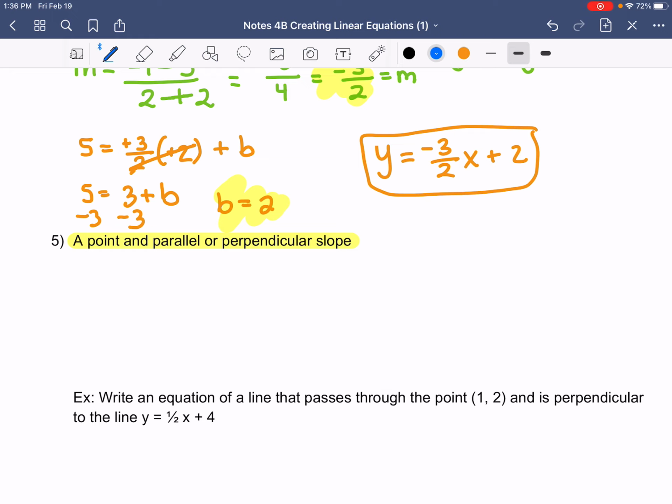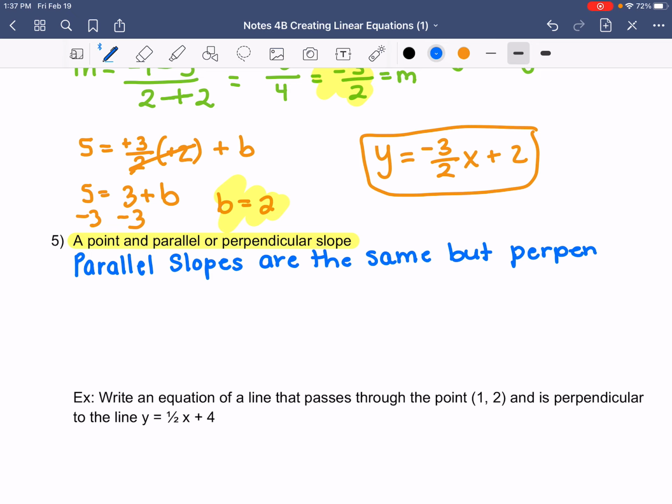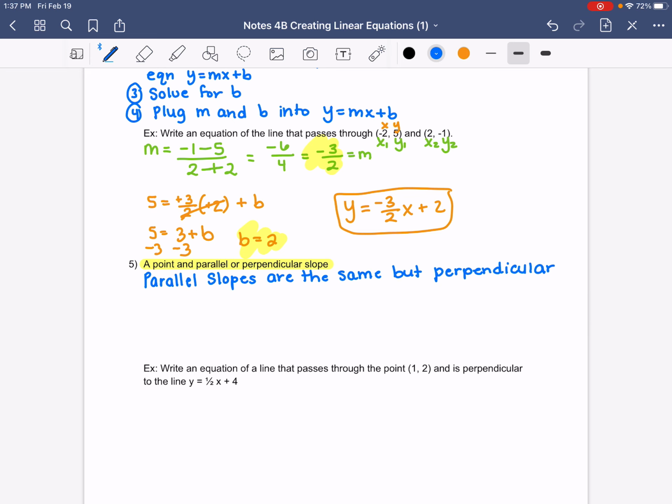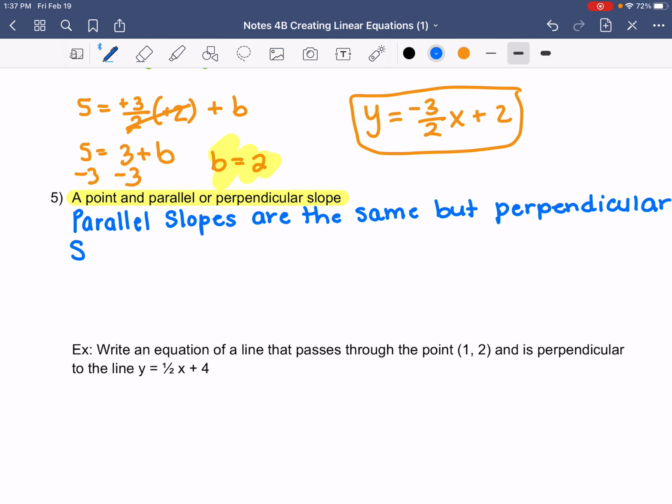All right, so the first thing you need to remember is that parallel slopes are the same, but perpendicular slopes are opposite reciprocals.